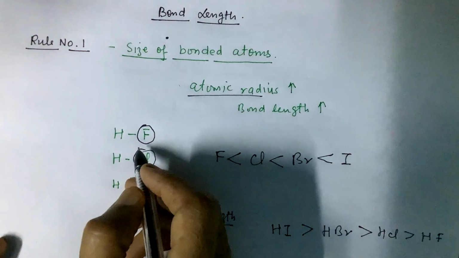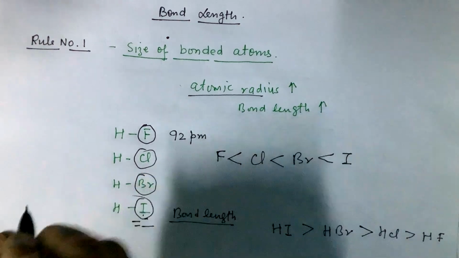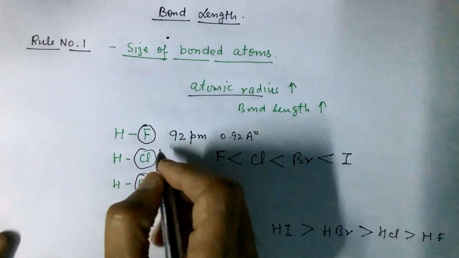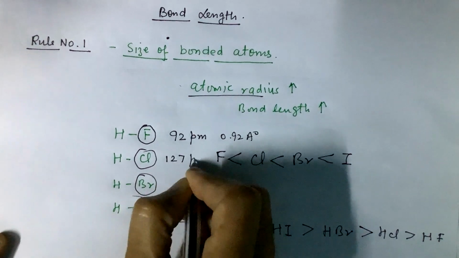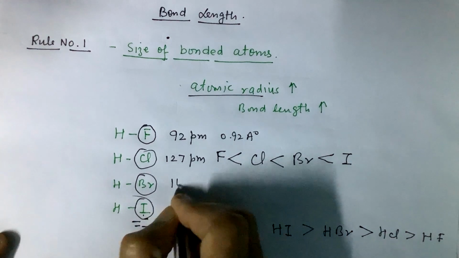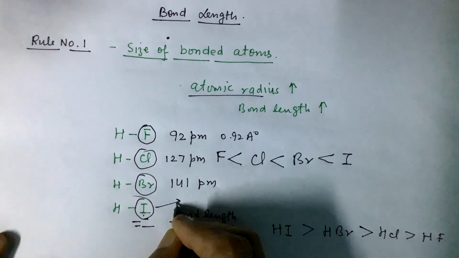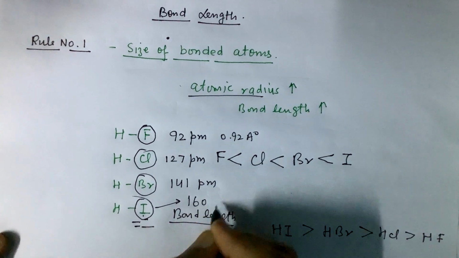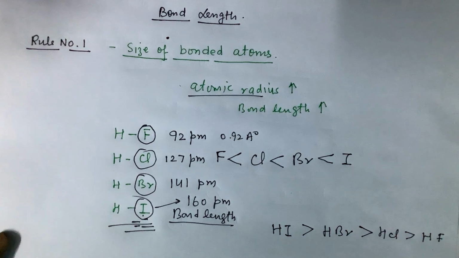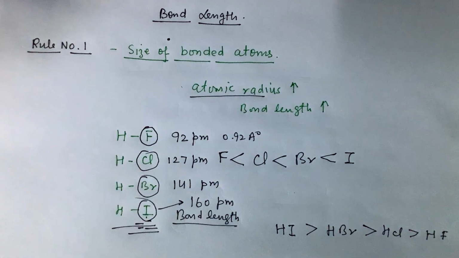So HF bond length is 92 picometer, or 0.92 angstrom. HCl is 127 picometer, in HBr the bond length is 141 picometer, and in HI the bond length is 160 picometer. So the bond length in HI is largest.